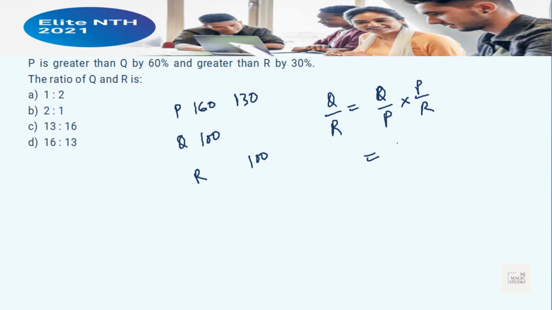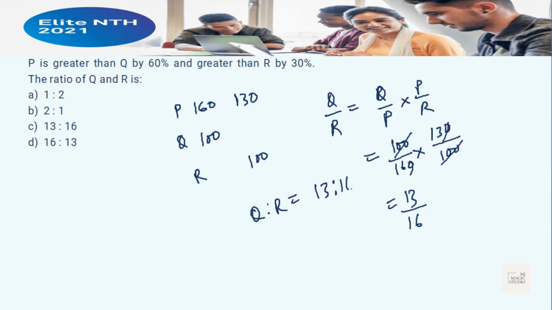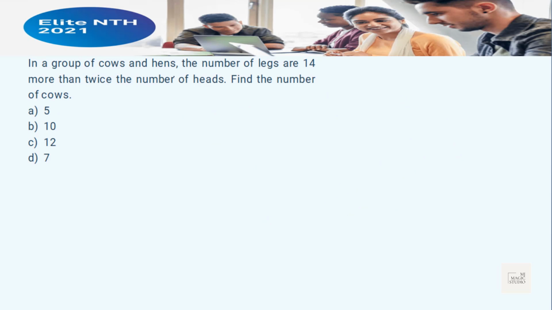Q by P is 100 by 160 and P by R is 130 by 100. So we have 13 by 16. Q is to R is 13 is to 16. Option C fits in.